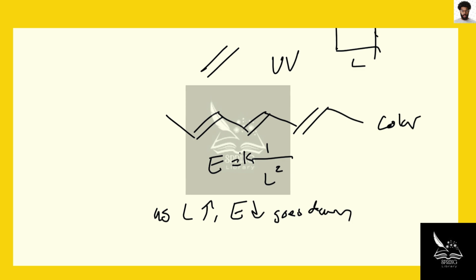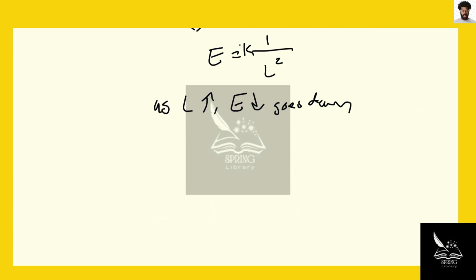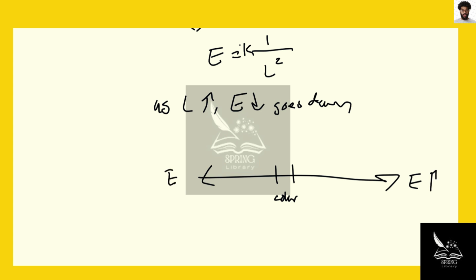Right? And if you recall, when you're talking about the electromagnetic spectrum, if this is our region of color, and we're saying high energy over here, low energy over here. You could also talk about it in terms of wavelength and say short wavelength over here, long wavelength over here, or low frequency, high frequency.